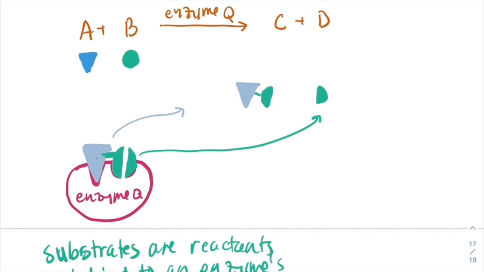And maybe this substance right here is actually substance C. And maybe this other half of the green ball over here is actually substance D. It actually looks kind of like the letter D. It's almost like I planned this ahead of time.